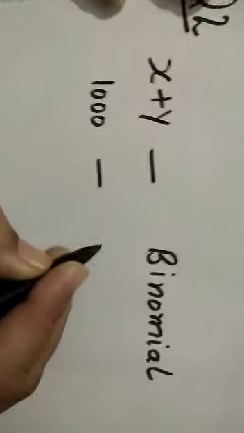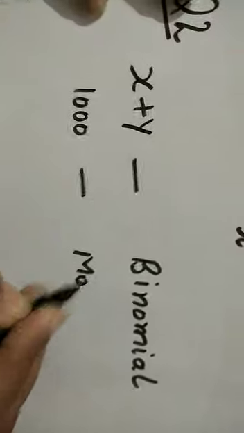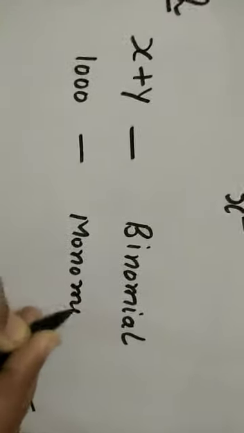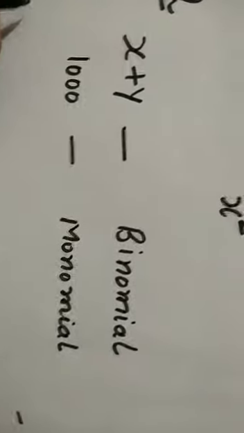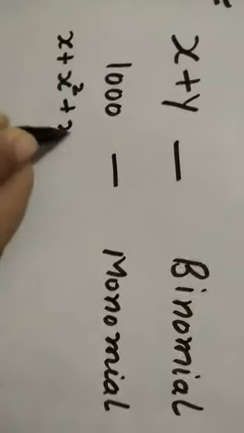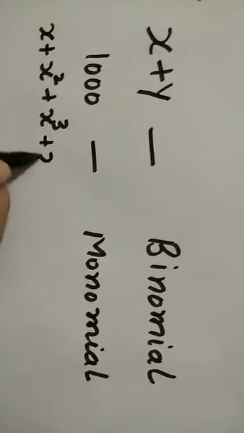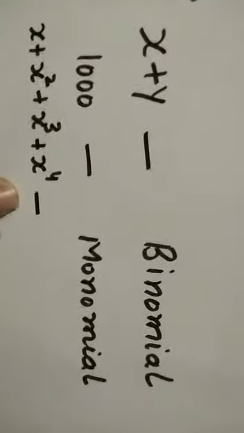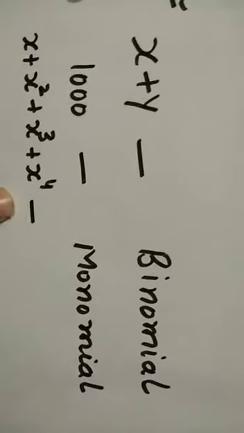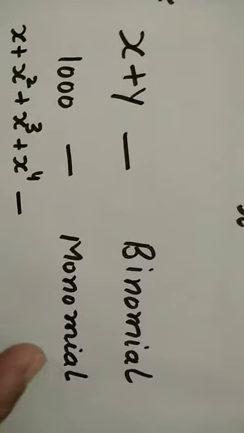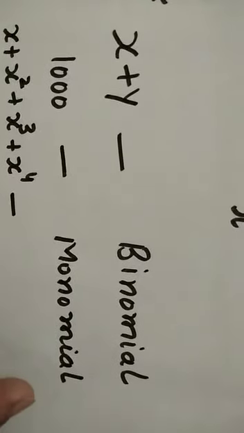After that we have x plus x square plus x cube plus x raised to the power 4. Now there are 4 terms. So it is not a monomial, binomial or trinomial.